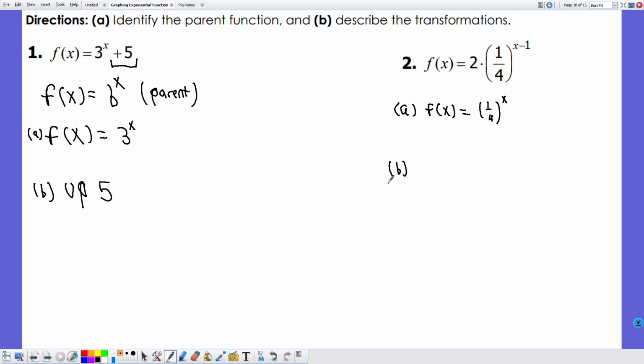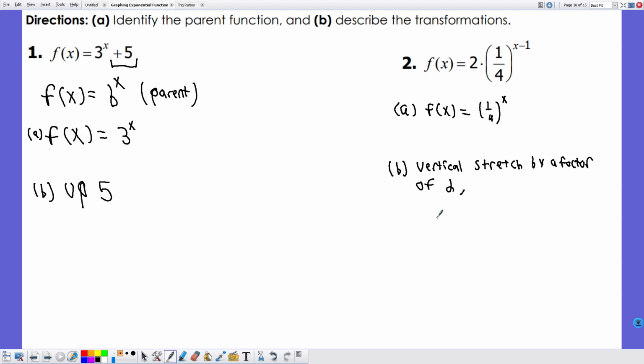How is the function in problem 2 different from the parent function? Well, since it has an a value of 2, we're going to vertically stretch by a factor of 2.